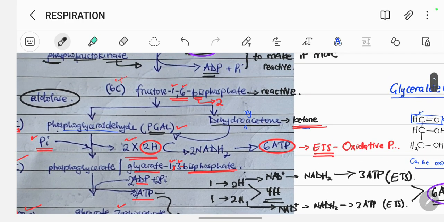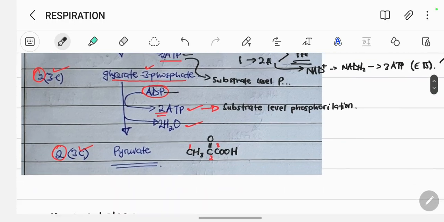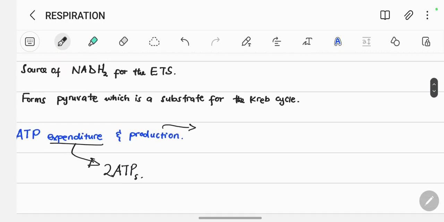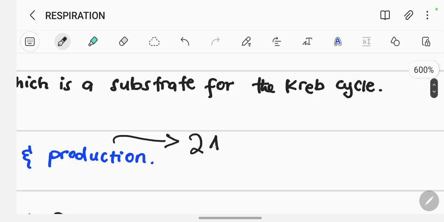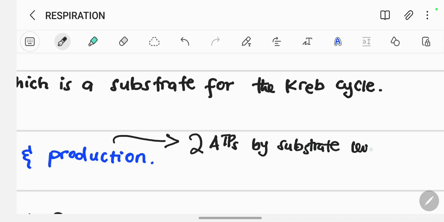Those ones were by substrate level phosphorylation.